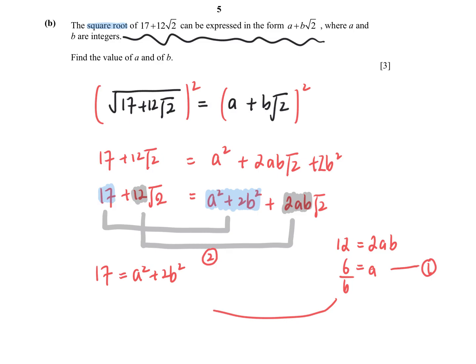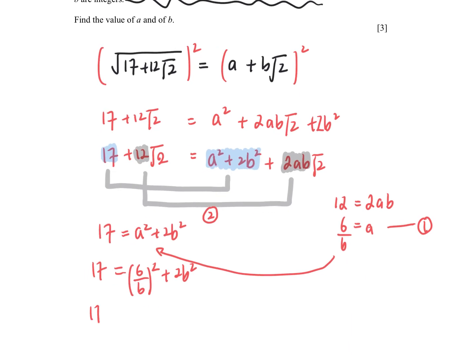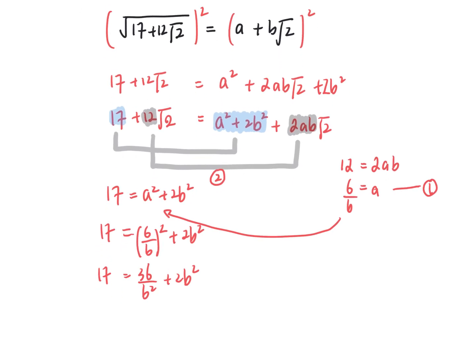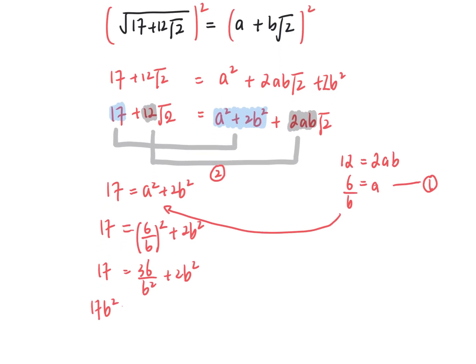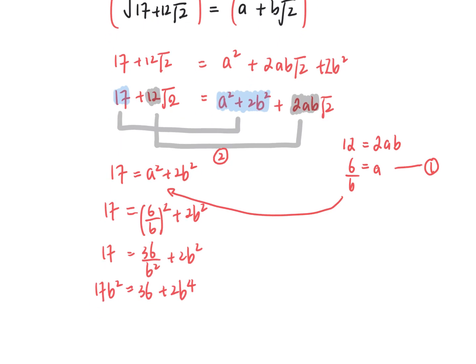So I sub this in. So square it. So you will end up having 36B square, 2B square. So go and get rid of the fraction by multiplying b square throughout. So you end up having this thing.